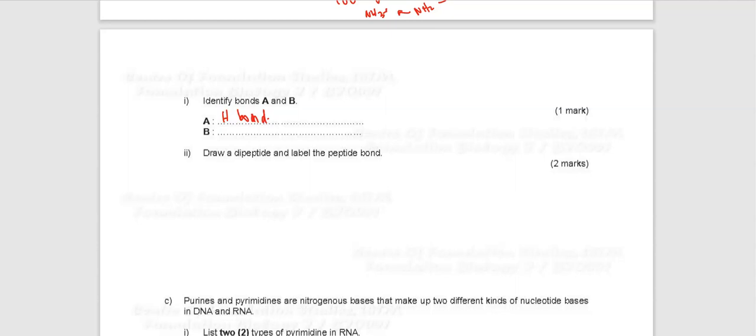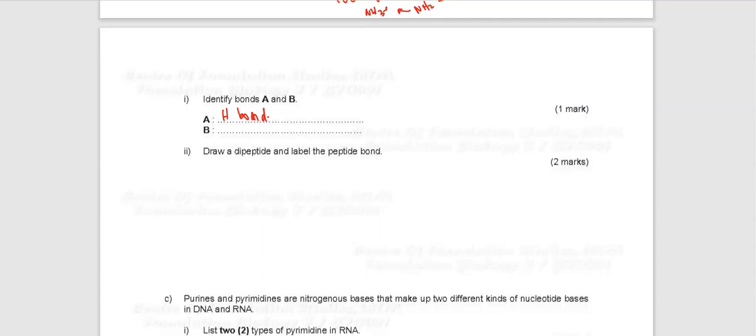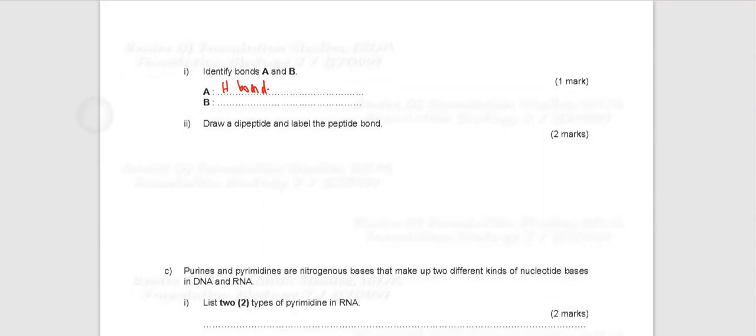So my pen seems not working. Just a moment. Okay. So draw a dipeptide and label the peptide bond. You have to know the structure of an amino acid.